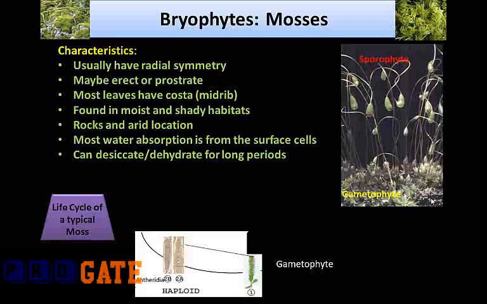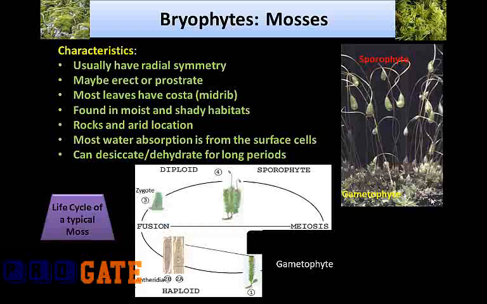The sex organs are located at the apex of the plant, and it consists of archegonia containing an egg, here represented by number 2a, and antheridia, here represented by number 2b, which are packed with sperm cells. Since the gametophyte plant is already haploid, the gametes, that is the egg and the sperm, are produced by simple mitosis.